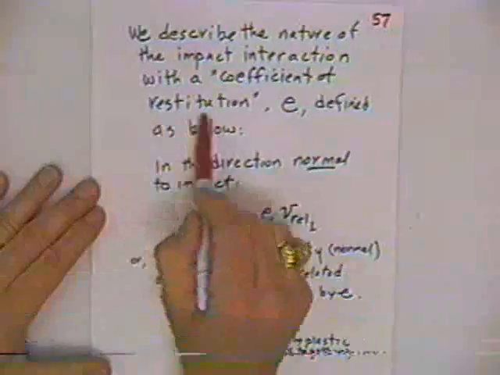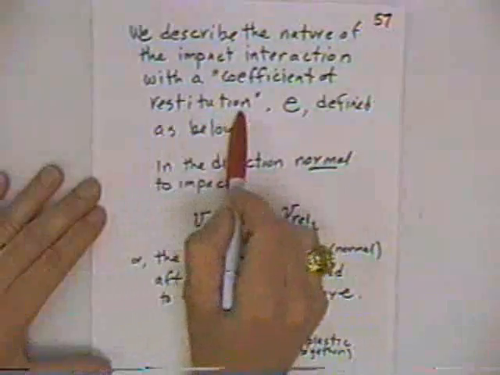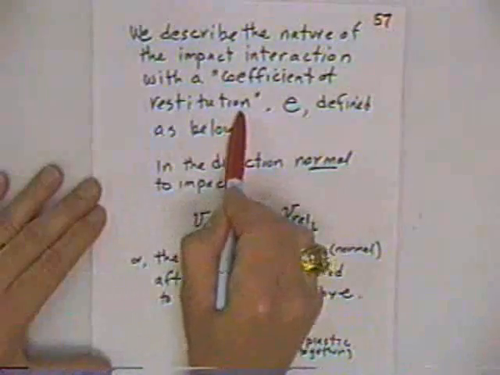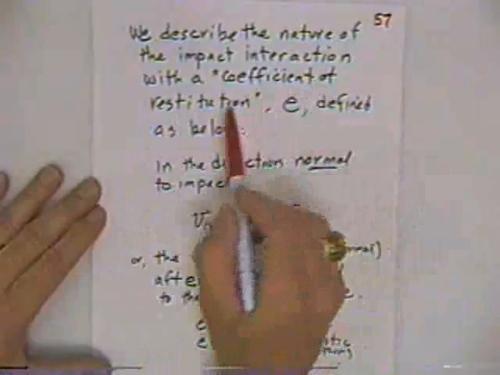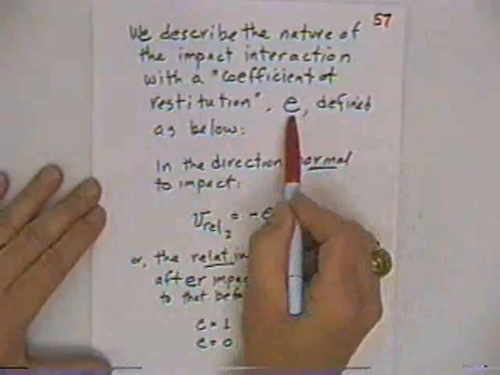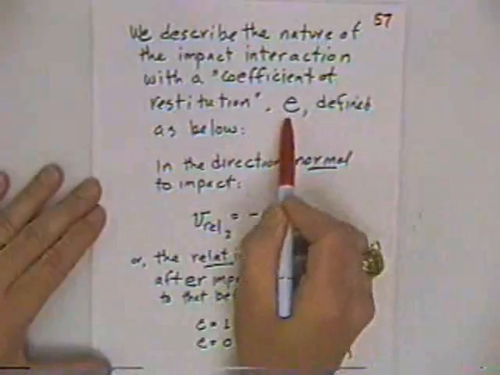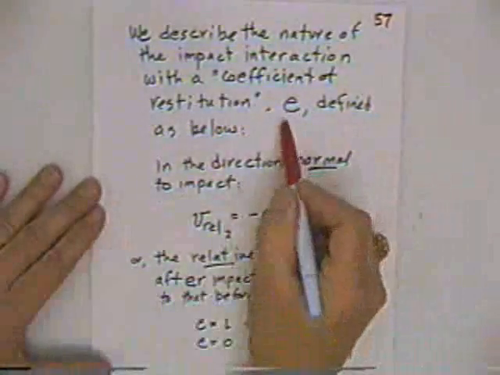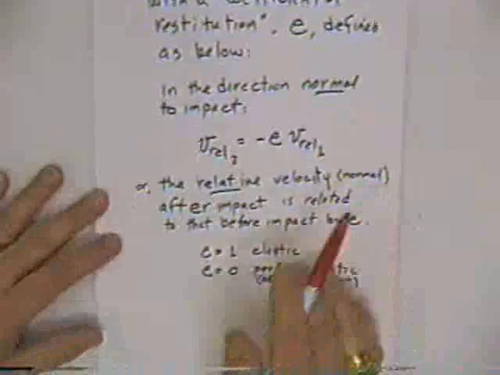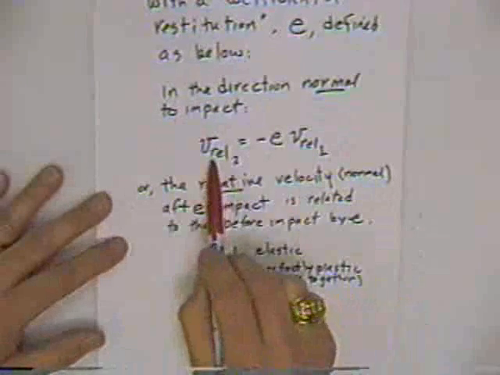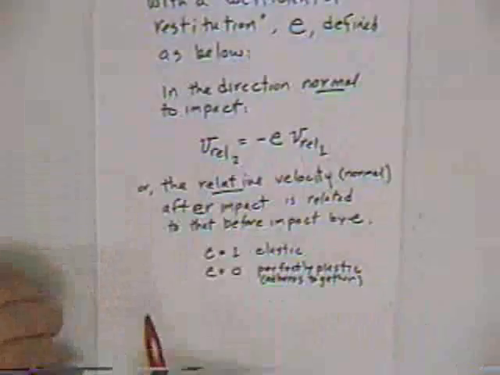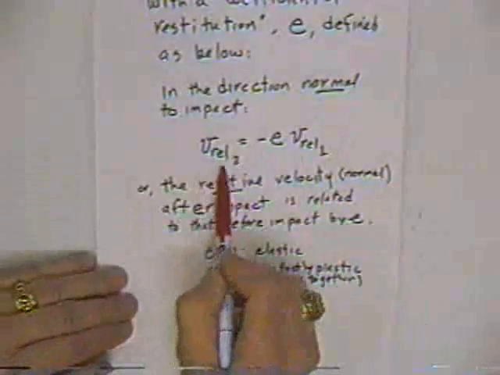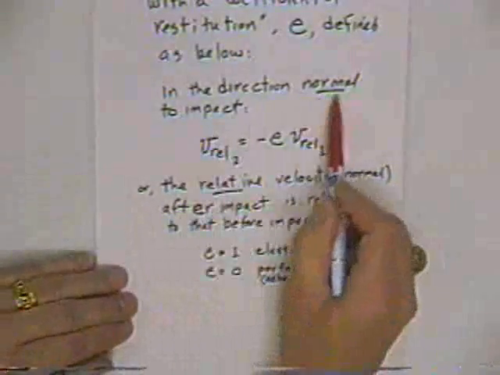Well, that part of the period of impact is called restitution, when it's being restored to its original configuration, and this coefficient of restitution relates the energy basically that's used to crush it to the energy that's recovered when it's restored.